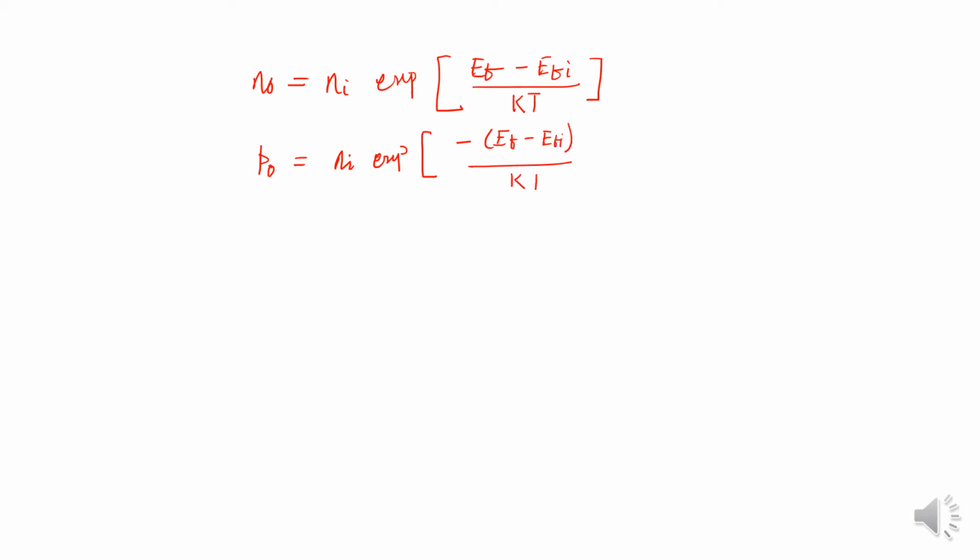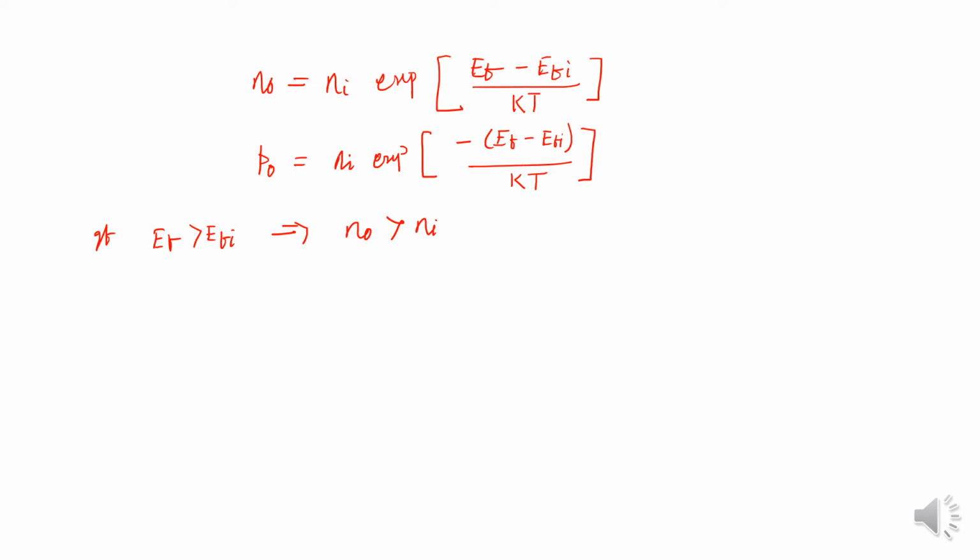that's the relative change in the Fermi energy level, divided by KT. Now if EF is greater than EFI, that is, the position of the Fermi energy level is above the intrinsic Fermi energy level, then the concentration of electrons is greater than the intrinsic concentration.